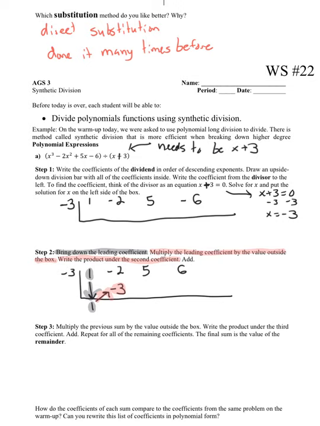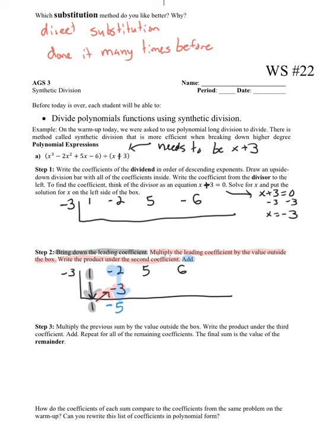The third part is I'm going to add. So -2 plus 3, and that's going to get me 1. That's the idea here.